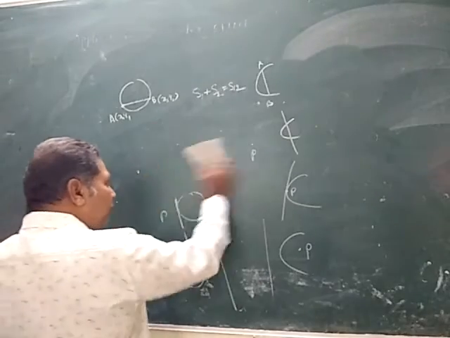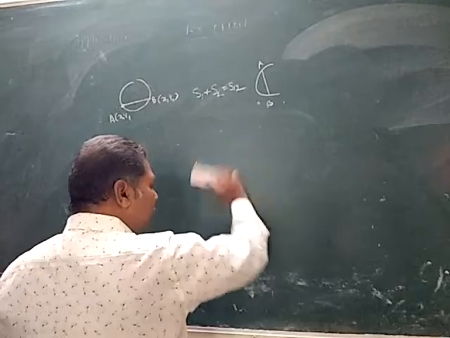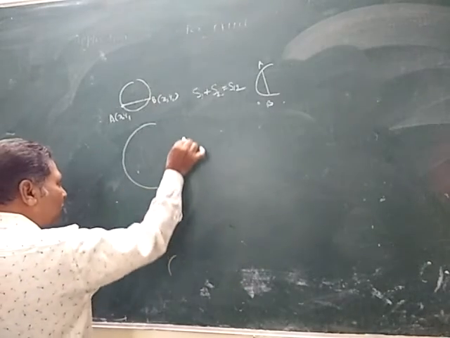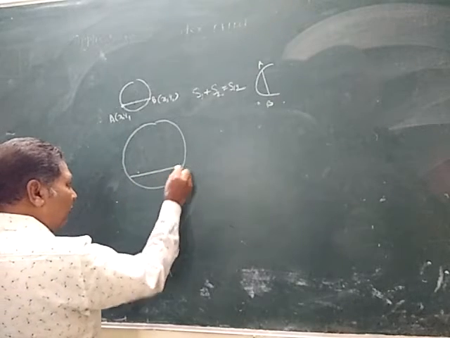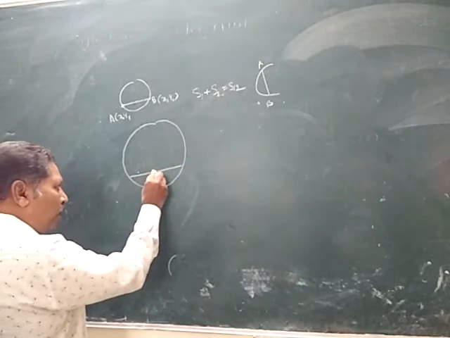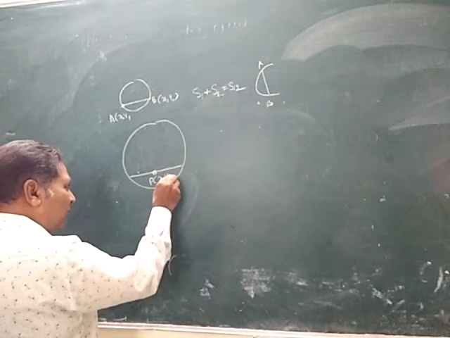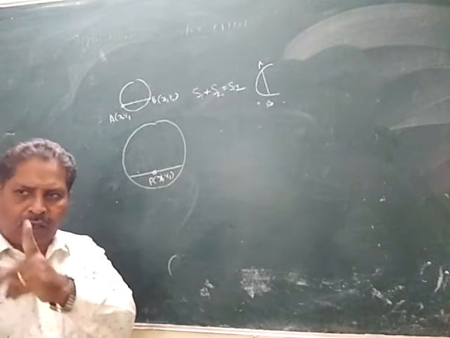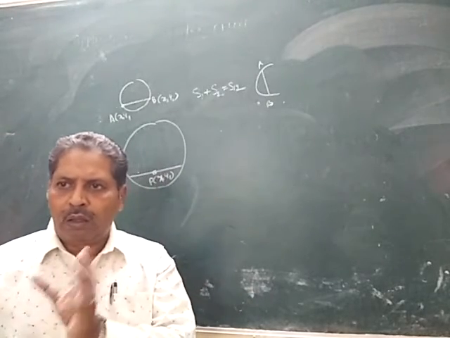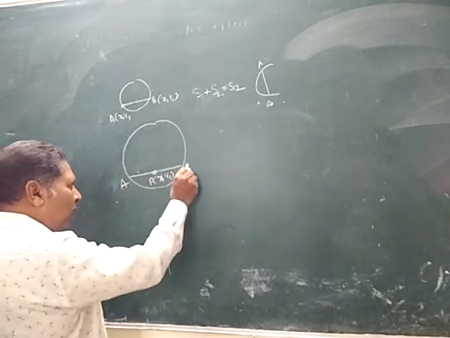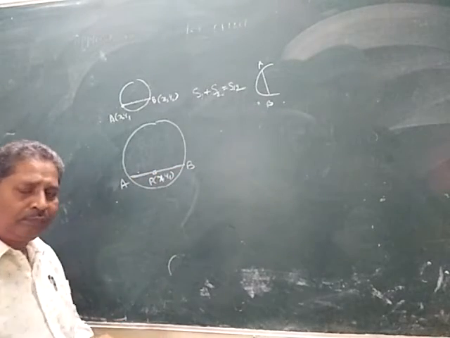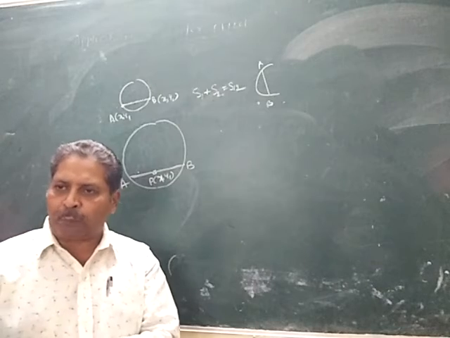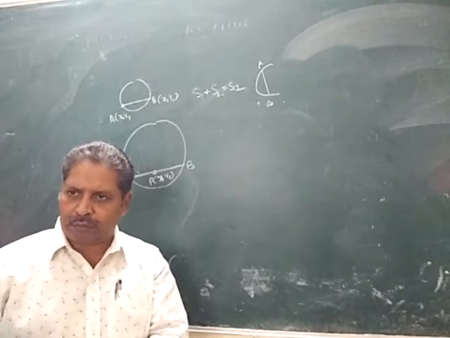Next, in the circle, this is a chord. P (x1, y1) is the midpoint of the chord. Listen carefully. AB is the chord, P is the midpoint of the chord, underline that point, midpoint of the chord.